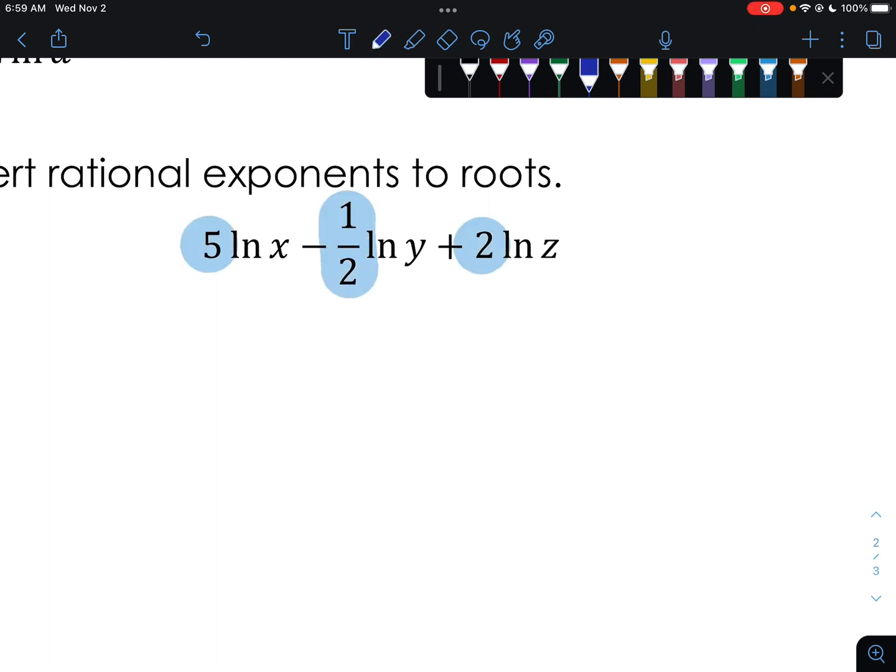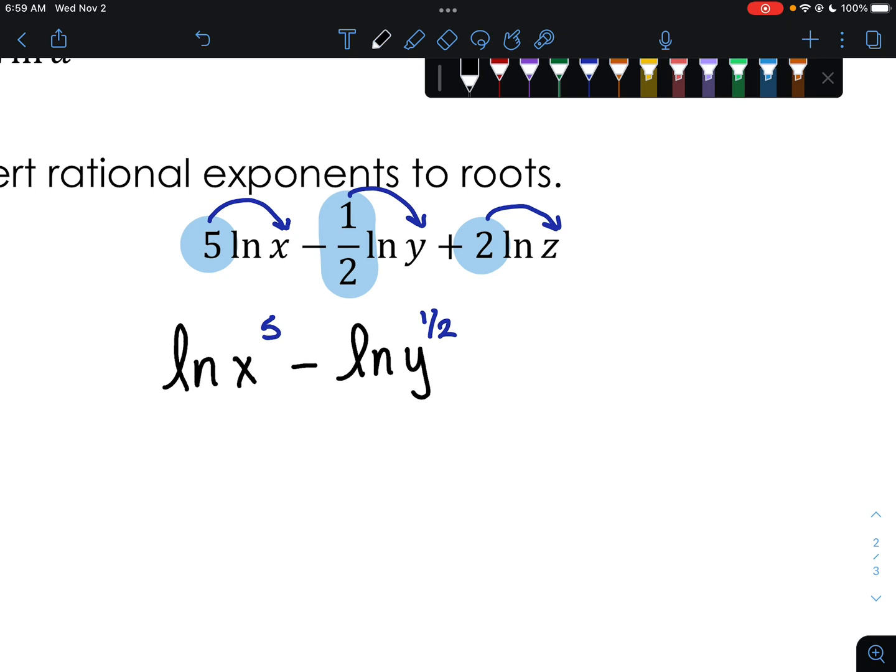The numbers out in front become the exponents. So we get the natural log of x to the 5th power minus the natural log of y to the 1/2 power plus the natural log of z to the 2nd power.